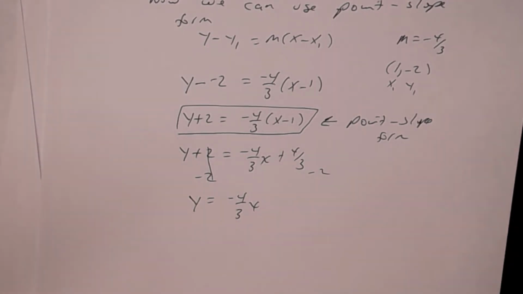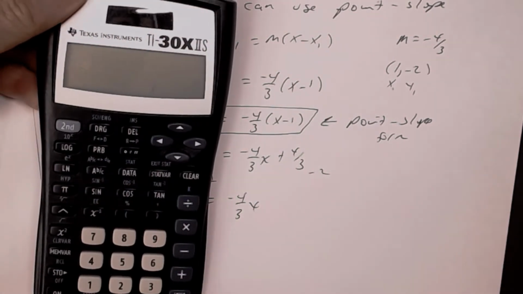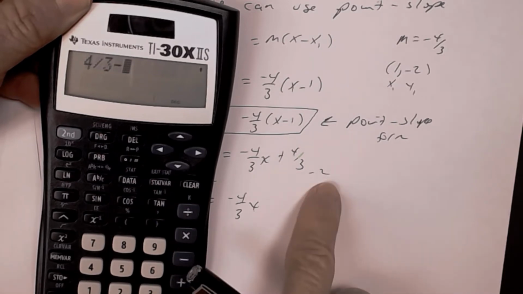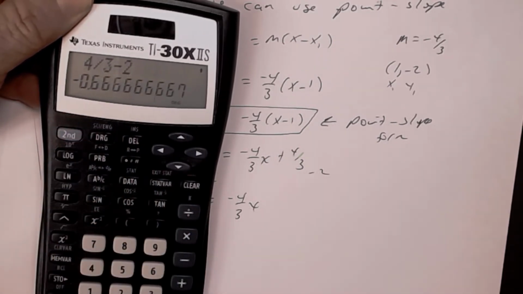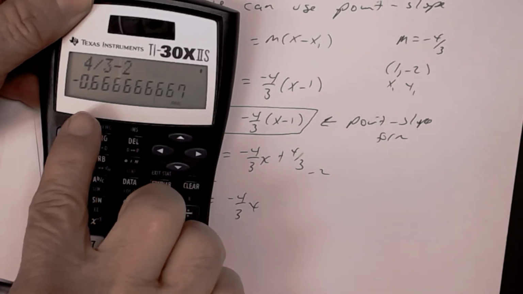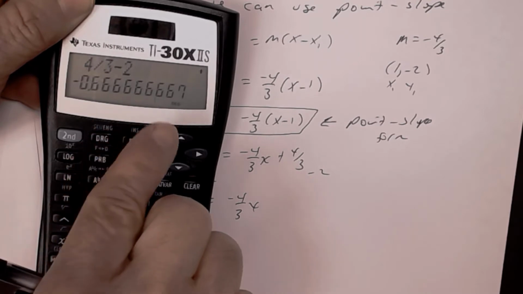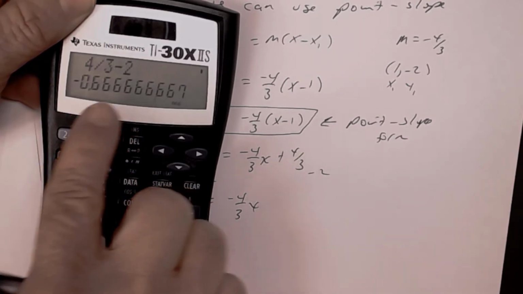So we have y equals negative 4/3 x, and then all I have to do is figure out what this is. So in your calculator, you have a positive 4 divided by 3, right? So watch. 4 divided by 3. And you want to subtract 2, and I get this. All right? So most of you should know that this negative 0.666 is what fraction? Negative 1/3. I'm sorry, 2/3, right? Negative 2/3.